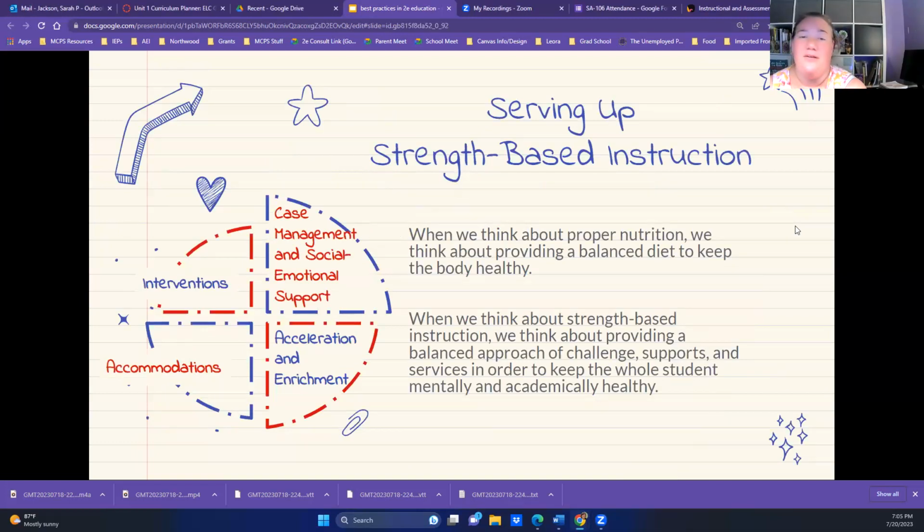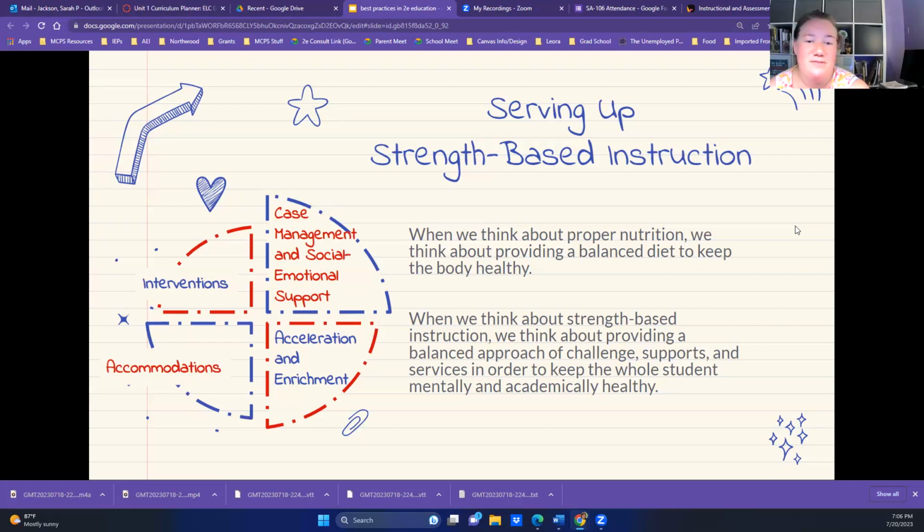So overall, when we talk about our twice exceptional approach, we talk about strength-based instruction, and you will hear strength-based instruction a lot from our speakers, and hopefully from me as well. And I like to think of strength-based instruction like the little FDA plate that told us how many carbs and how much protein to have.